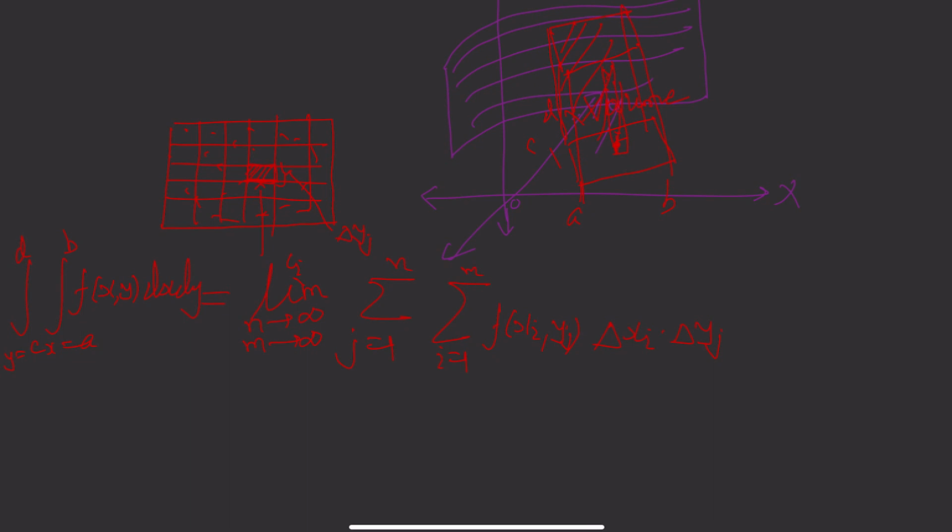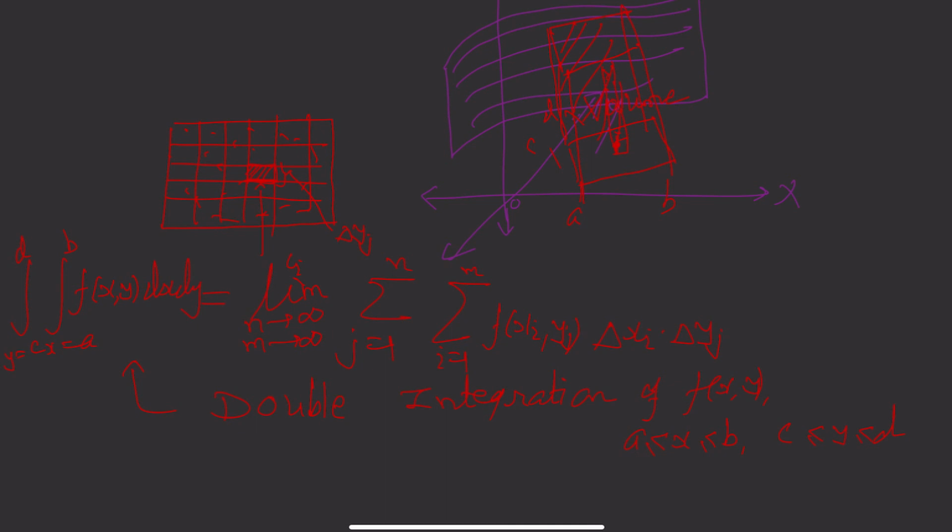So this is how the double integration is defined. This is called the double integration of f of xy, where x has bounds a to b and y has bounds c to d.